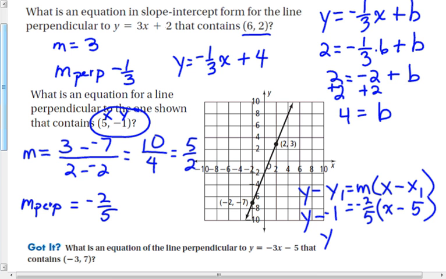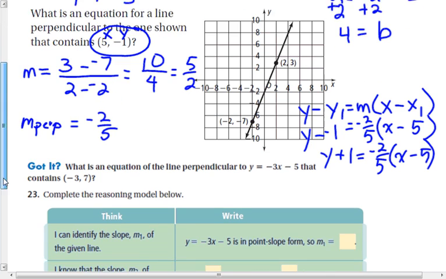And then I'll just simplify that. All right, you try it.